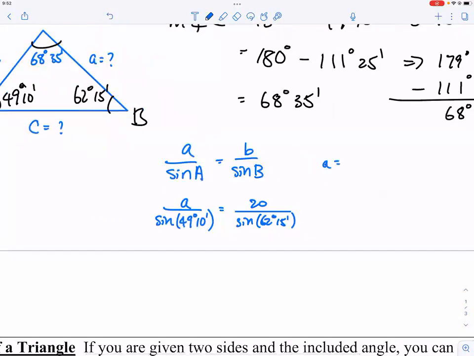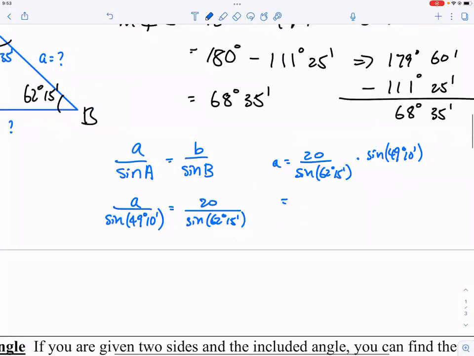So my A is equal to 20 over sine 62 degrees and 15 minutes times sine of 49 degrees and 10 minutes.